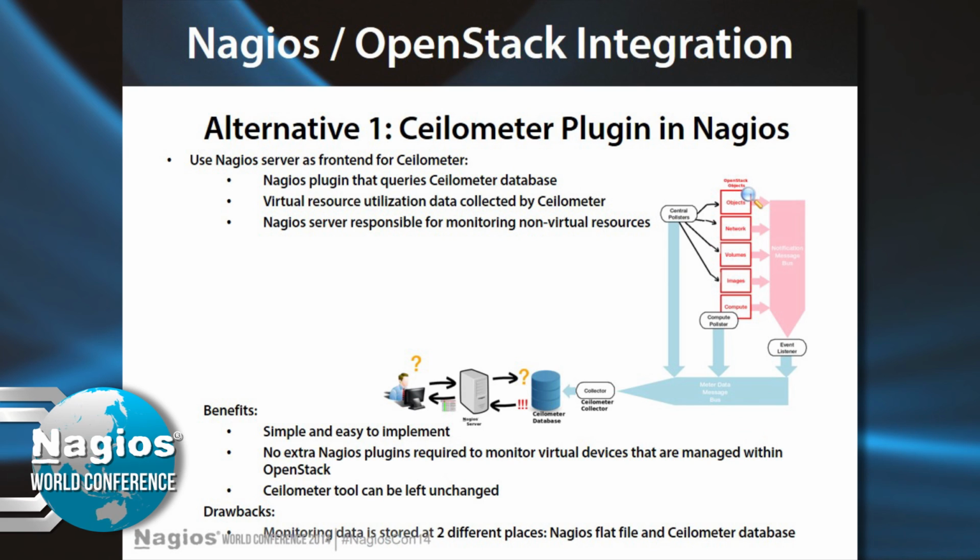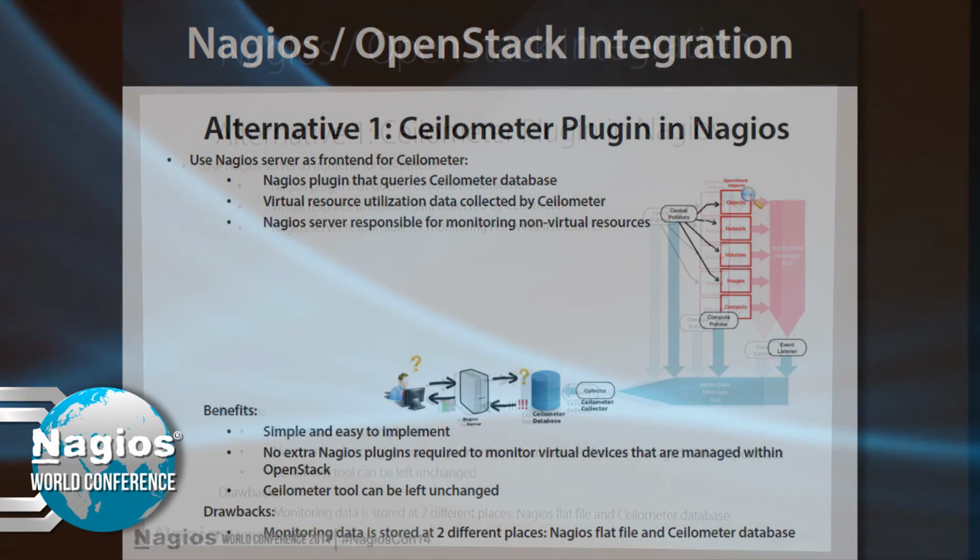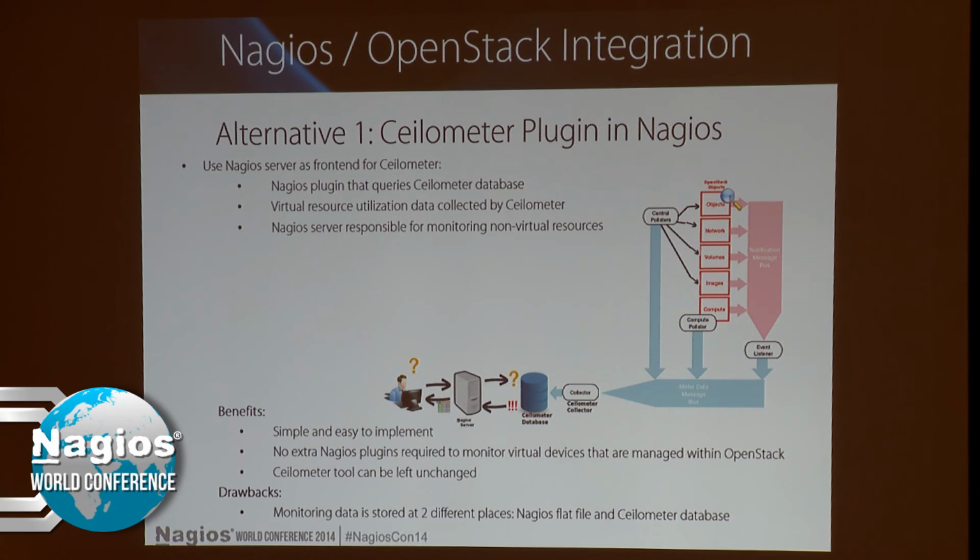Now, how can Nagios be integrated in the OpenStack environment? Well, there are two alternatives. One alternative is to use Nagios basically for monitoring the OpenStack services and use a connection to the Ceilometer database to collect the virtual machine data.